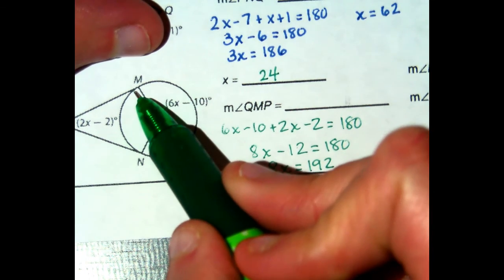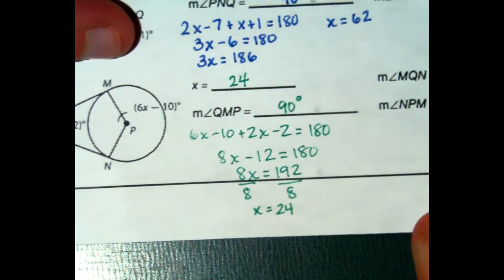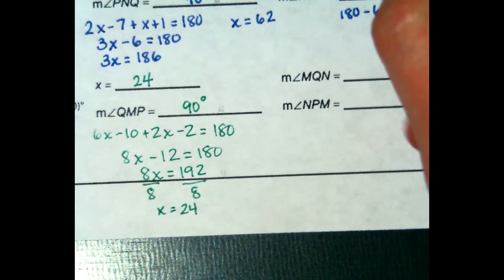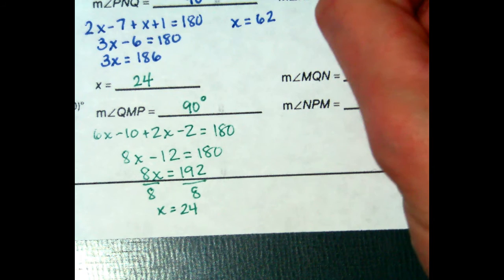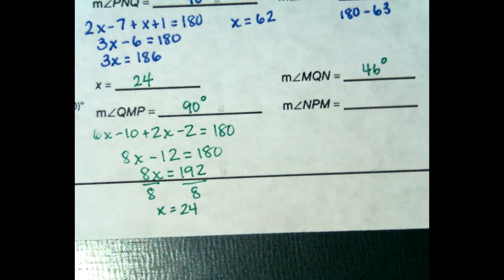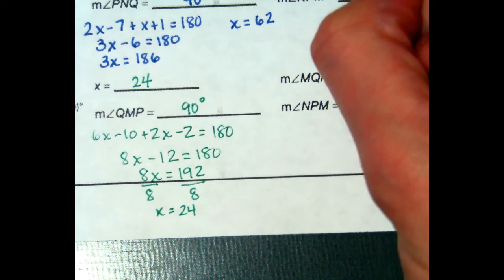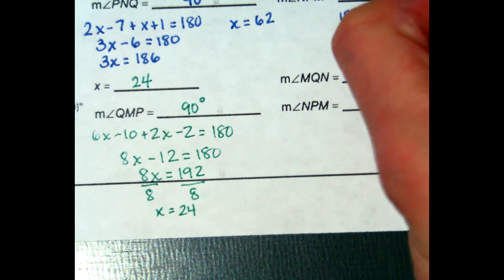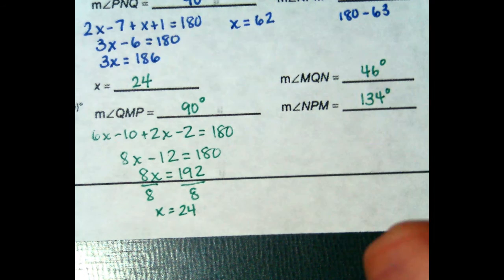QMP. You didn't have to plug in on that one. Okay. MQN. Okay, so you do 2 times 24, which is 48, and you subtract 2, and you got 46. Okay. How about NPM? You can either subtract 46 from 180, or plug in and do 6 times 24 minus 10. Either way, you get 134.